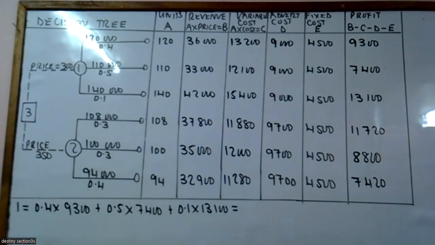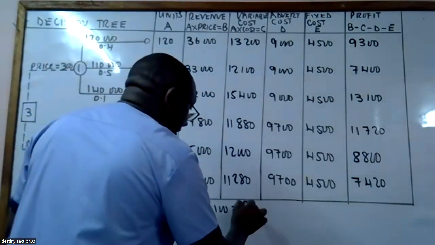So this is 0.4 times 9,300 plus 0.5 times 7,400 plus 0.1 times 13,100. You get 8,730.